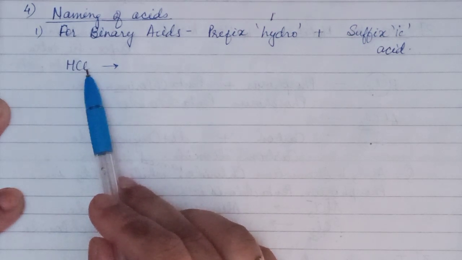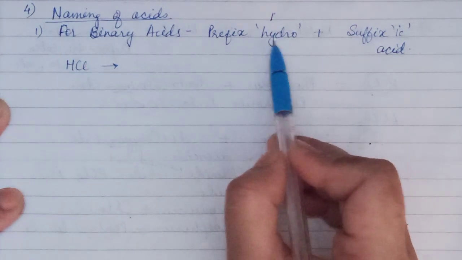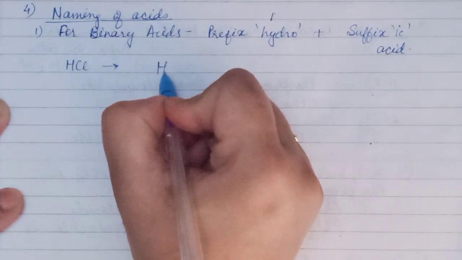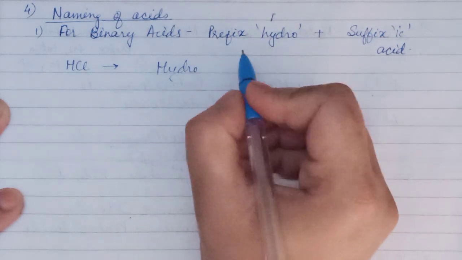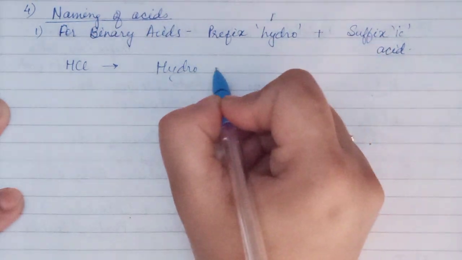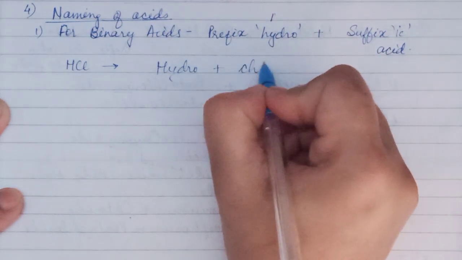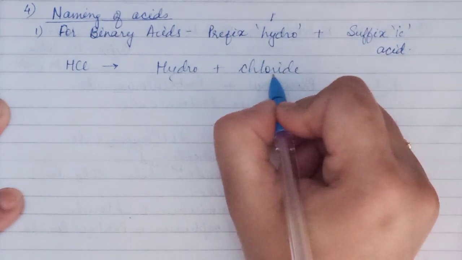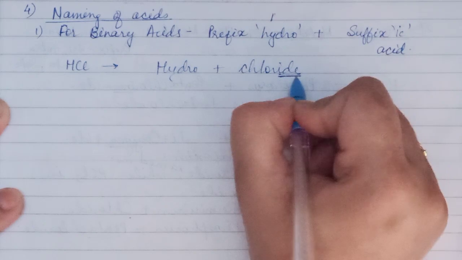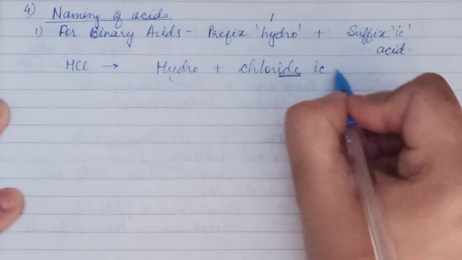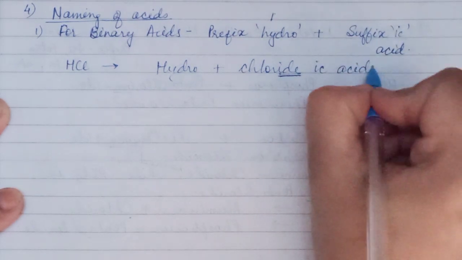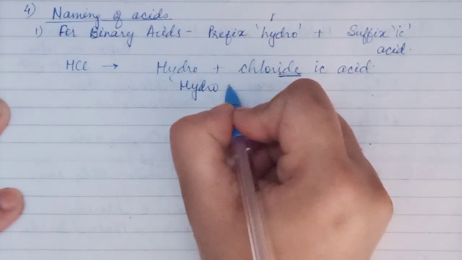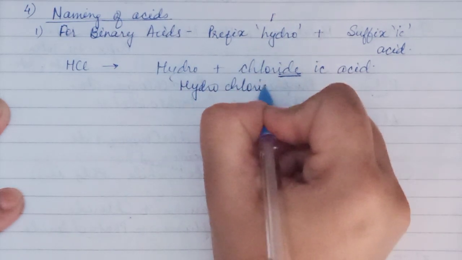HCl is an acid. The name hydro will go with hydrogen, and the second element is chloride. You will use the suffix ic acid. So its name will be hydrochloric acid.